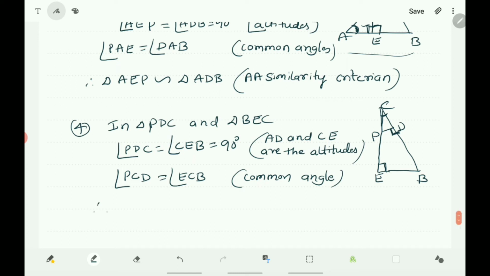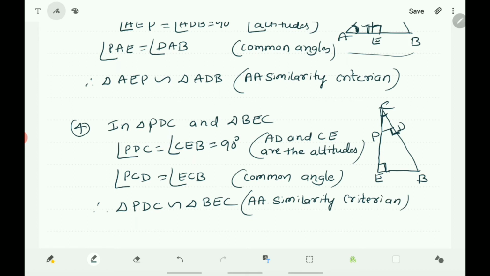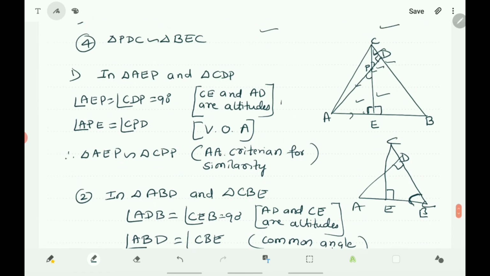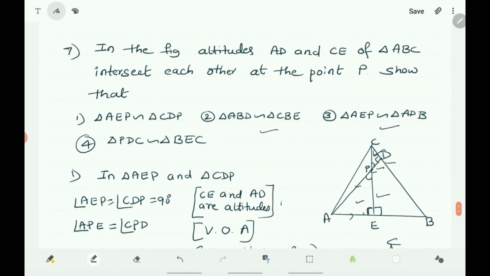Therefore directly you can write triangle PDC is similar to triangle BEC. Same AA similarity criterion. In this way, you got the 4 pairs of similar triangles.